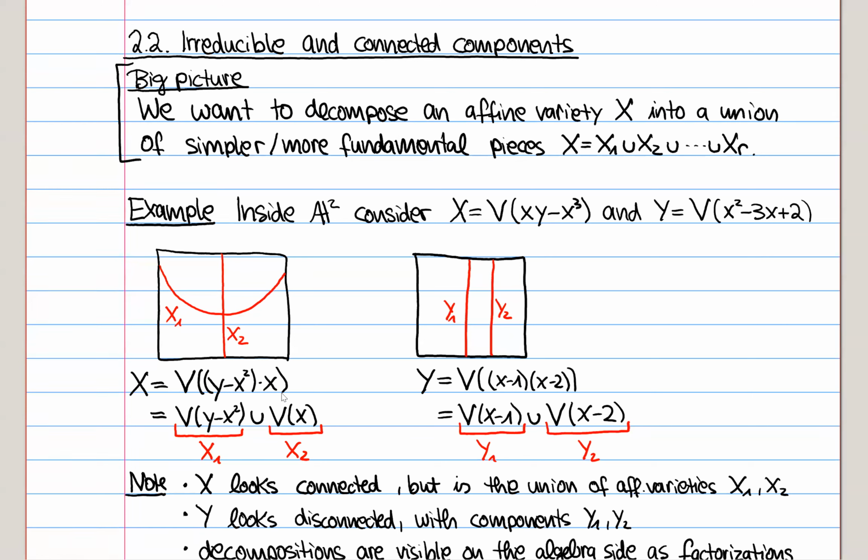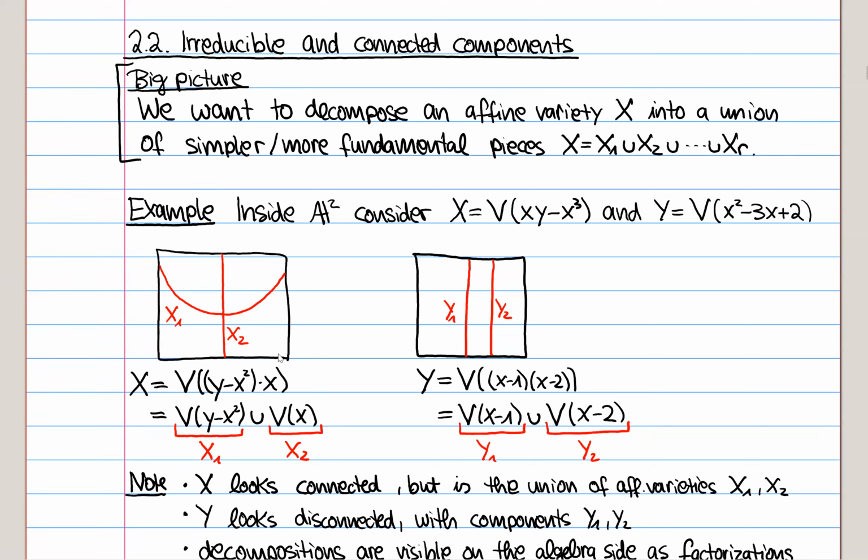And we have already seen that the vanishing locus of a product of ideals is the union of the corresponding vanishing loci. And so indeed, we get here that this vanishing locus is the union of the locus where y minus x^2 is 0, which is just the graph of the function x maps to x^2, and the locus where x is 0, which is just this.